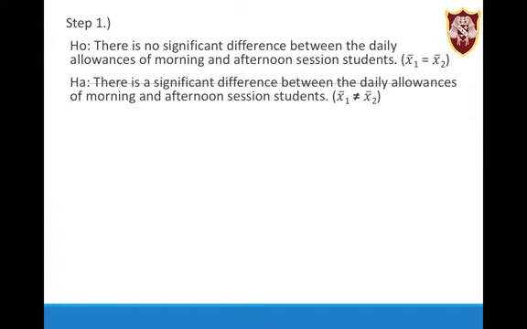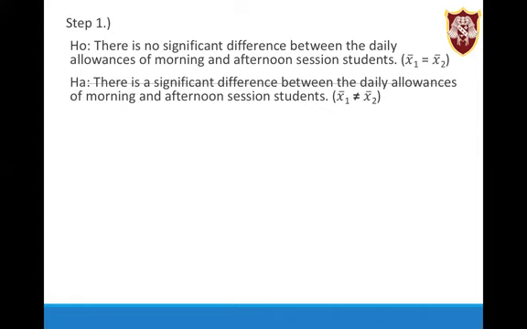And then for our alternative hypothesis, we state that there is a significant difference between the daily allowances of morning and afternoon session students. So in symbols, we write mean x of 1 is not equal to mean x of 2. Take note of the inequality symbol.